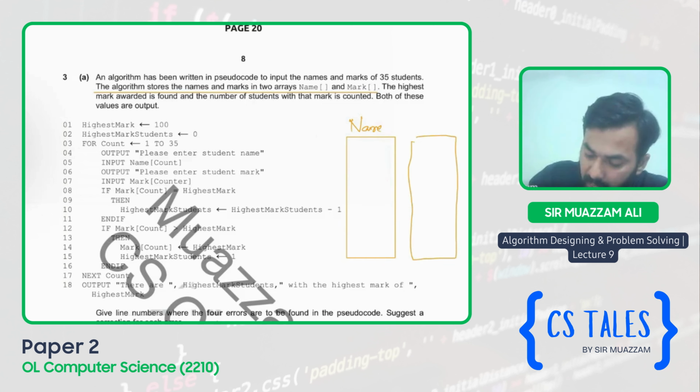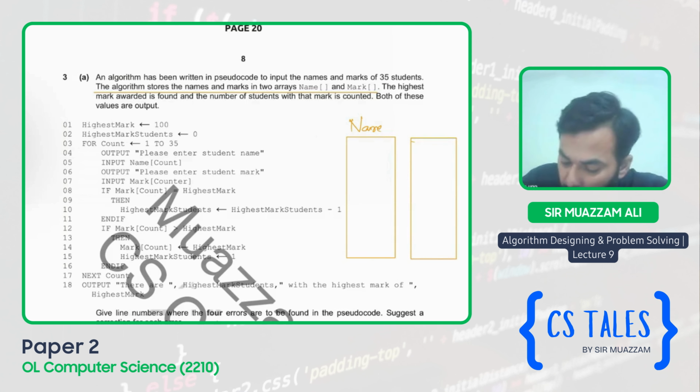These are the two arrays. The highest mark awarded is found, and the number of students with that mark is counted. Both of these values are output.